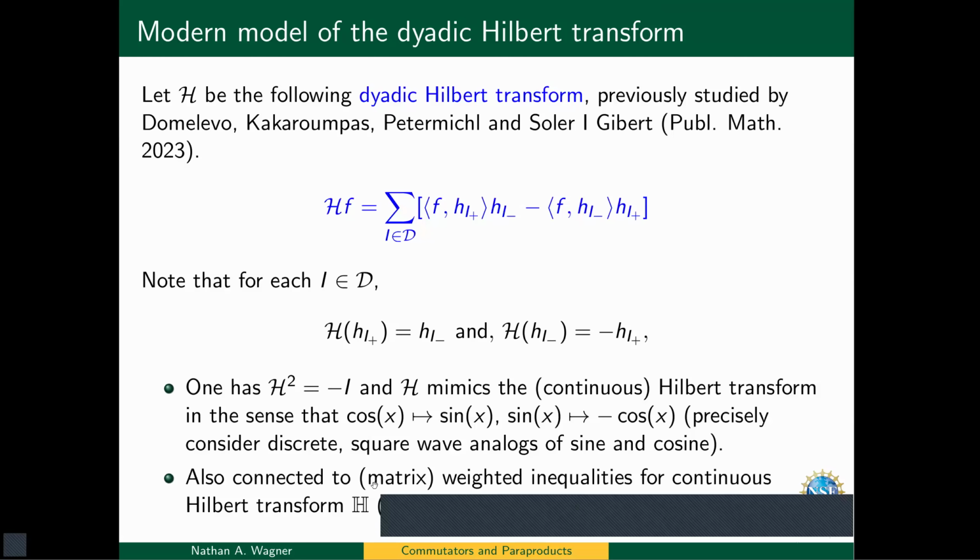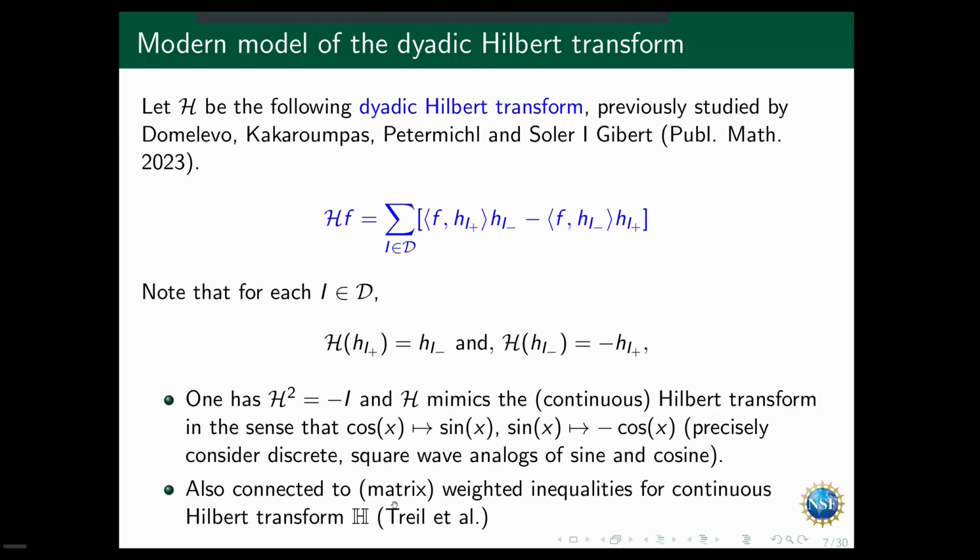And it's also connected to some proofs of matrix-weighted inequalities for the continuous Hilbert transform. And this showed up in some recent work of Treil. So there are many reasons why this operator is an interesting operator. And we already said that it can be used to characterize BMO.